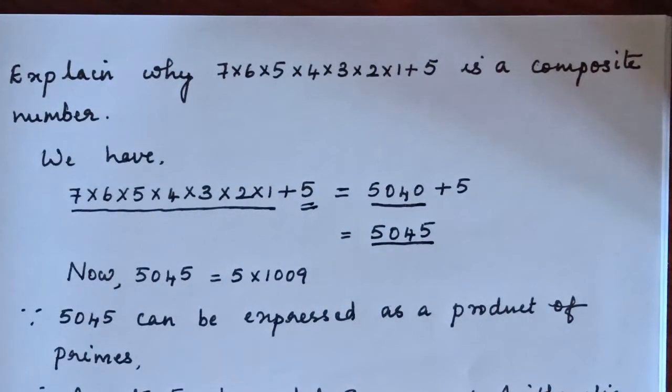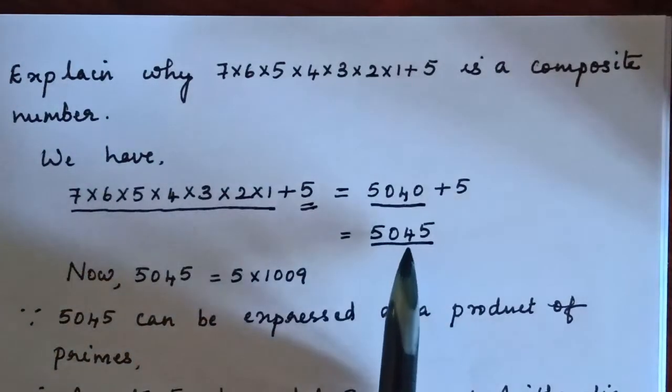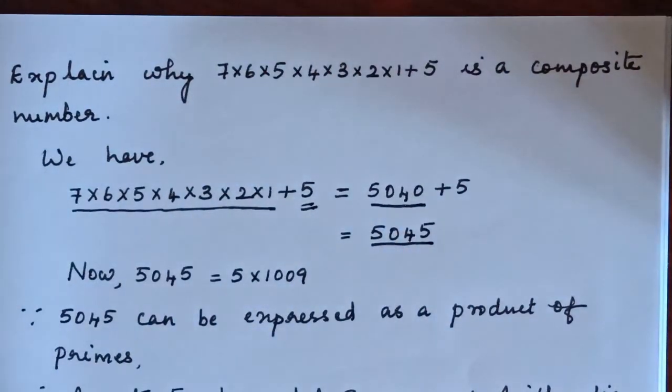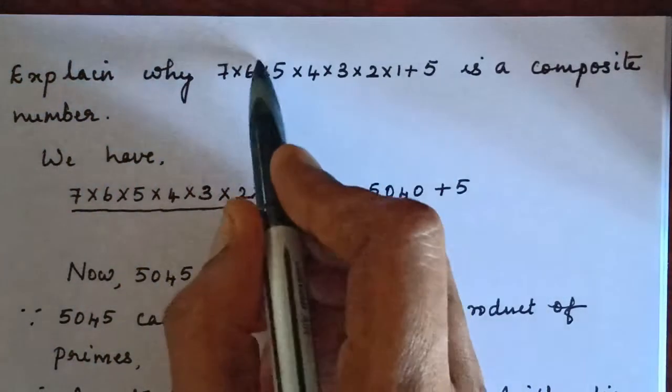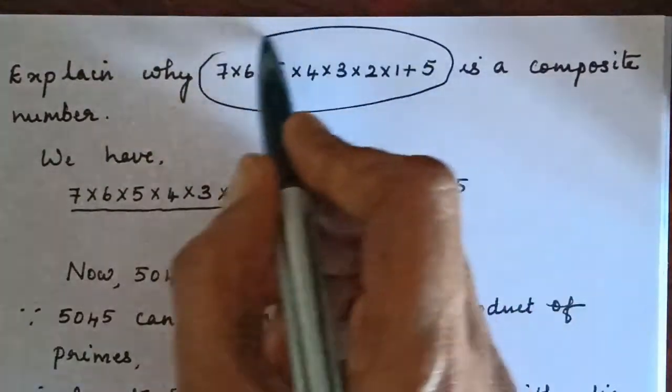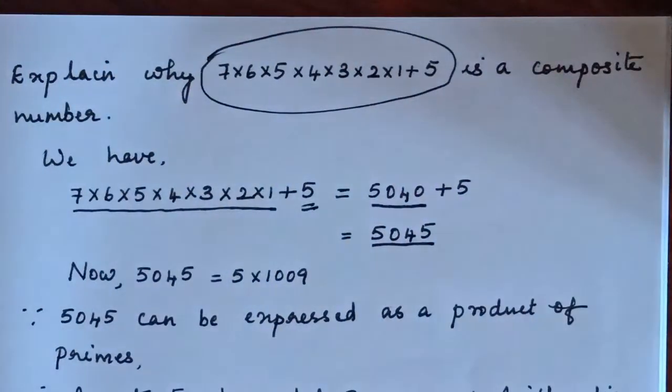After that we have to do the prime factorization of 5045, because the question is why this number is a composite number.